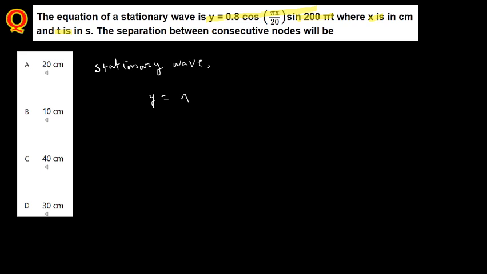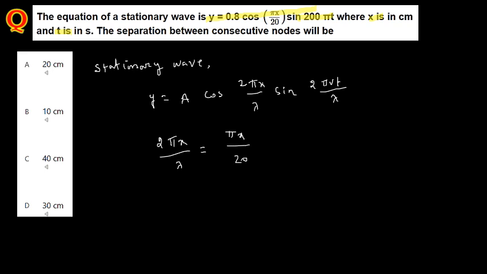Another basic formula here is a into cos of 2 pi x divided by lambda, and sine of 2 pi nu t, or even velocity divided by lambda. Now comparing this equation with what they have given, 2 pi x divided by lambda will be equal to what they have given here, pi x divided by 20.